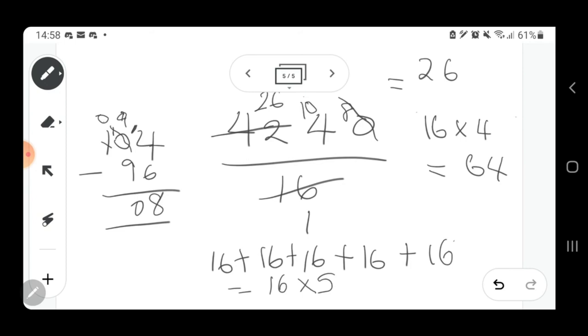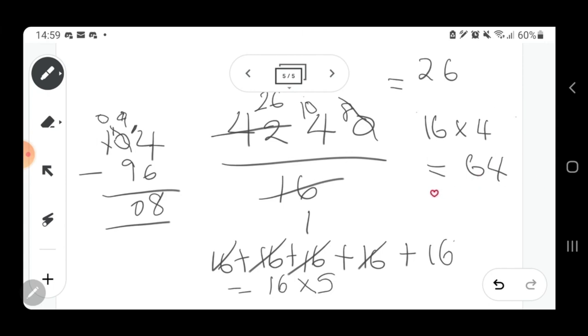I'm left with 1. I can't go further because I know it's going to go over. So let me just try to add it and see if it's going to get me to 80.